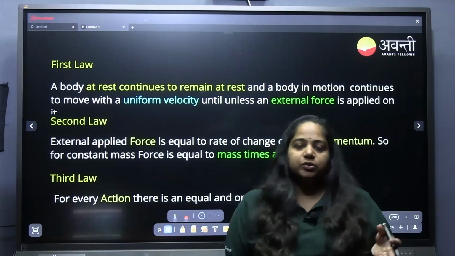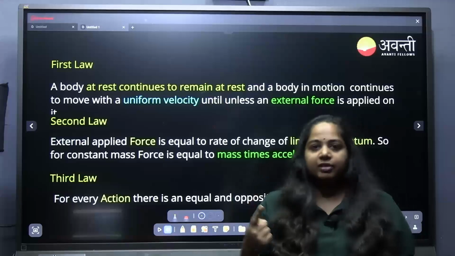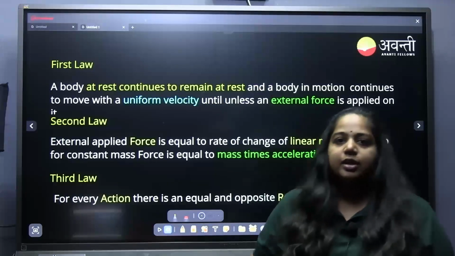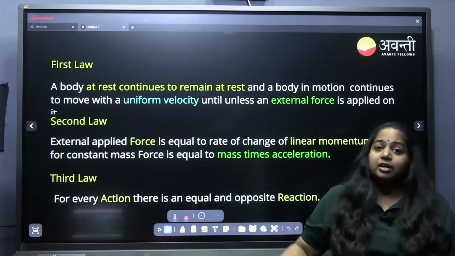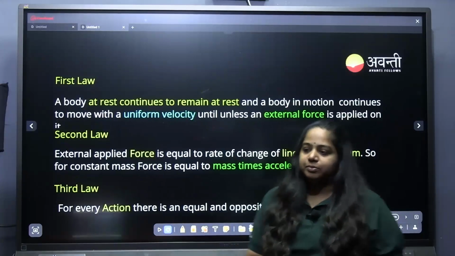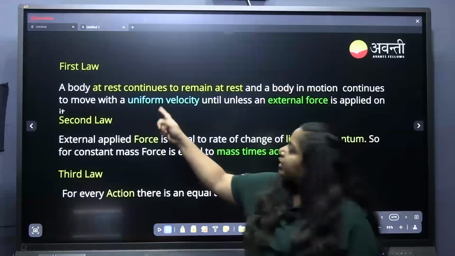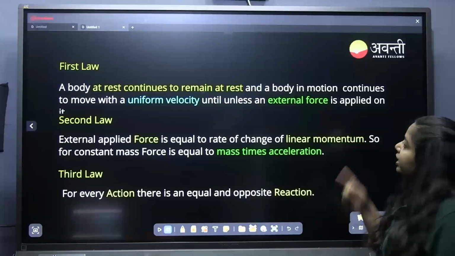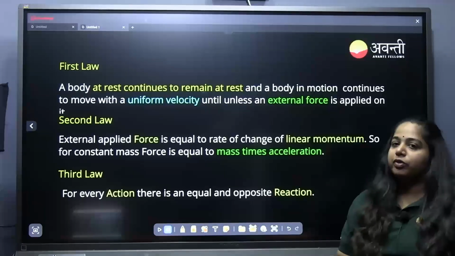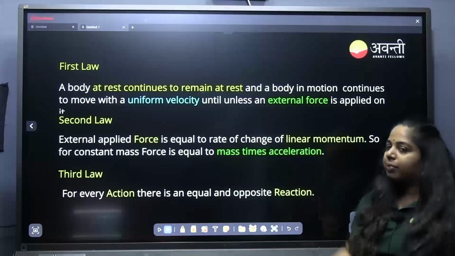Coming to Newton's laws, there are three laws of motion we know, plus one law of gravitation. But gravitation law we will discuss in the chapter gravitation. Let's talk about the first three laws. In the first law, a body at rest continues to remain at rest, and a body in motion continues to move with uniform velocity unless an external force is applied.